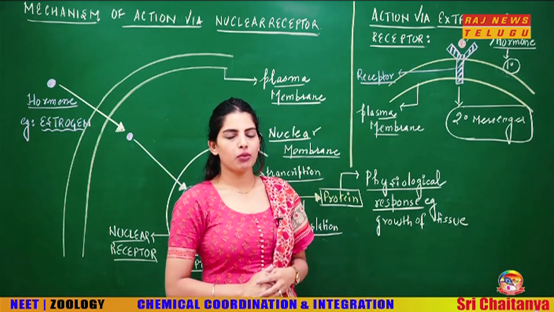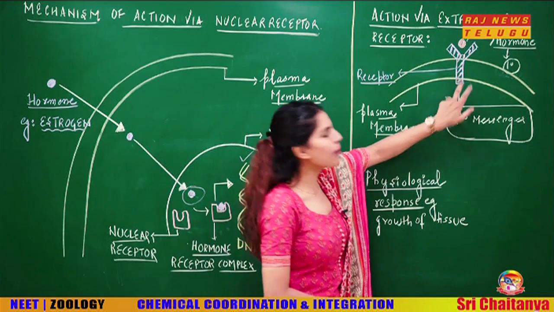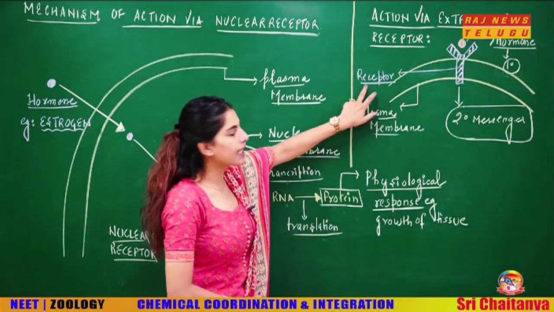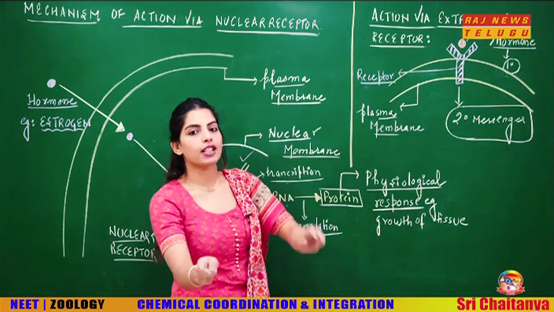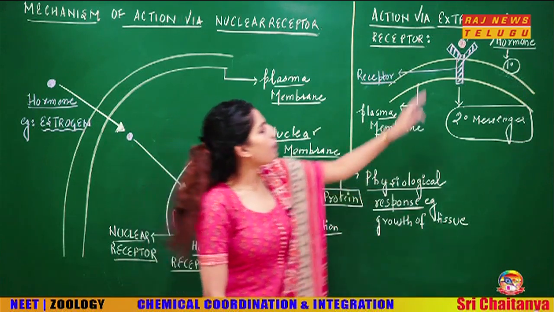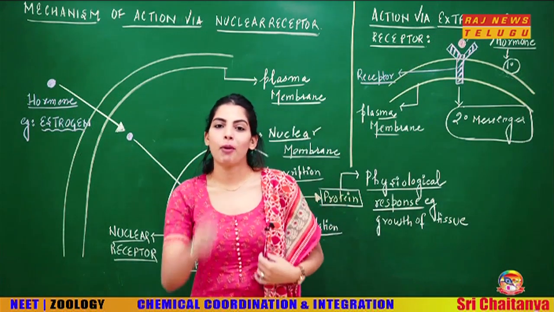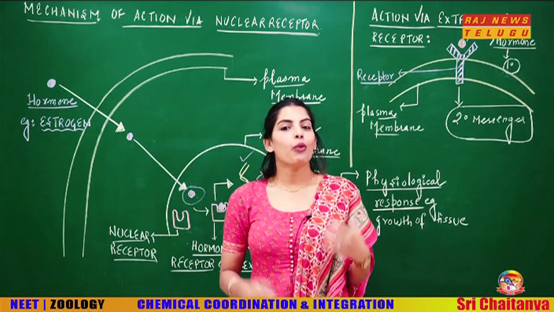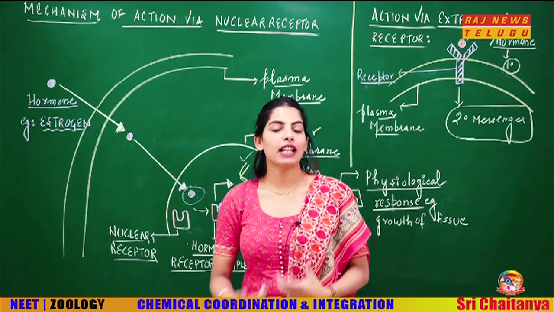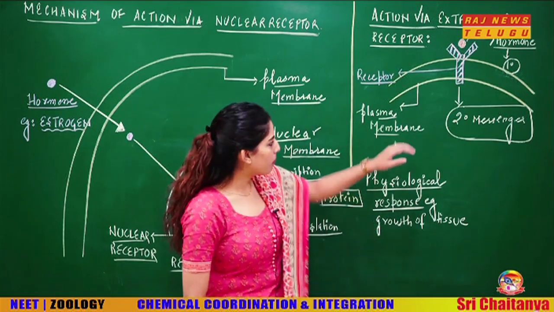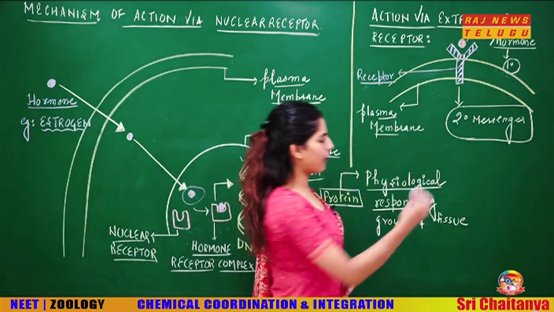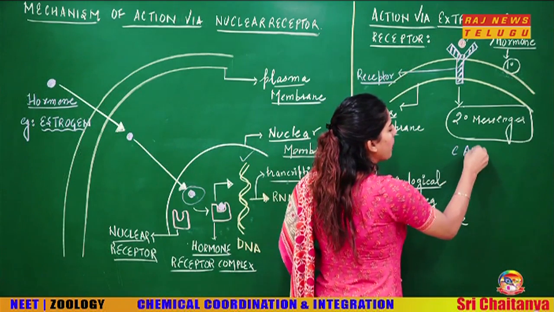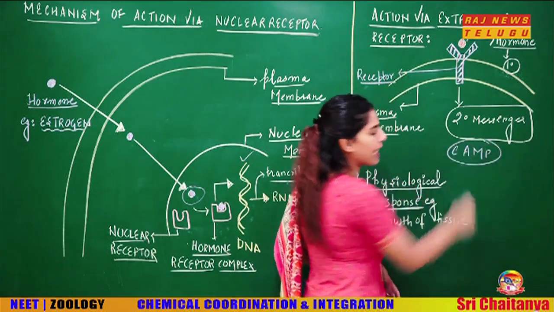It is going to bind with the receptors present on the plasma membrane, called extracellular receptors. Upon binding, there would be something present inside the cell which is going to act as an intracellular messenger, which could be cyclic AMP that we have discussed, or it could be calcium, that is a secondary messenger.